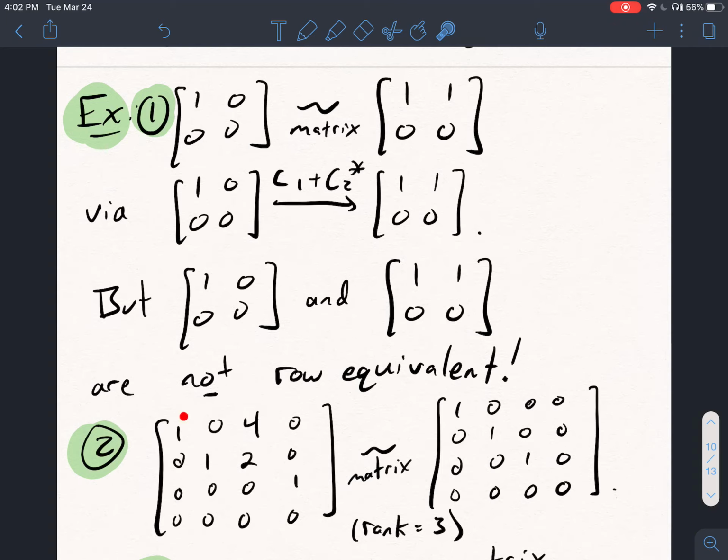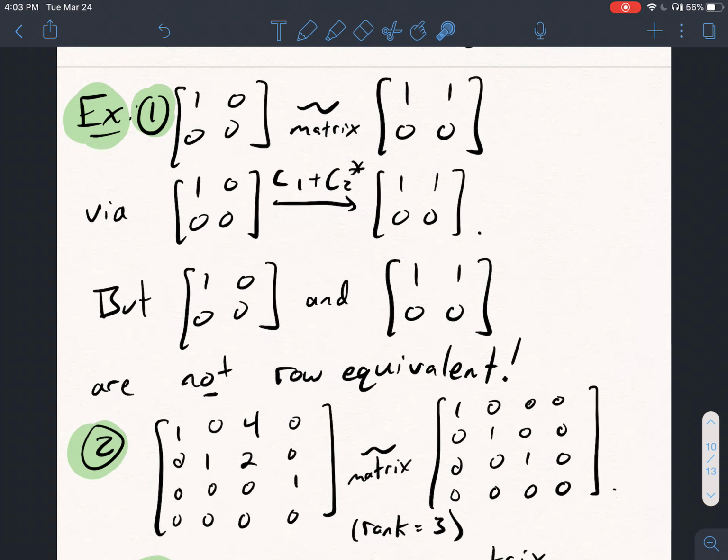In particular, I can take -4 times column 1 and add it to column 3 to make this entry a 0. I can do the same thing with column 2 to make this 2 become a 0. I can add -2 times column 2 to column 3. So now this column will be all zeros.